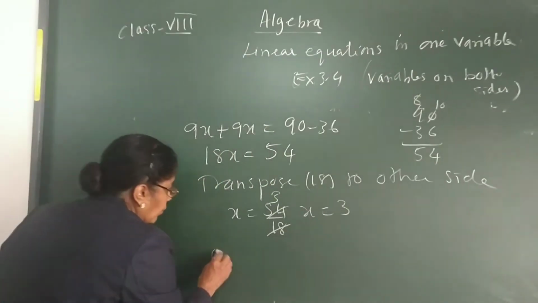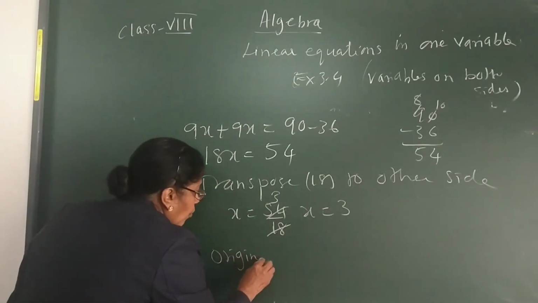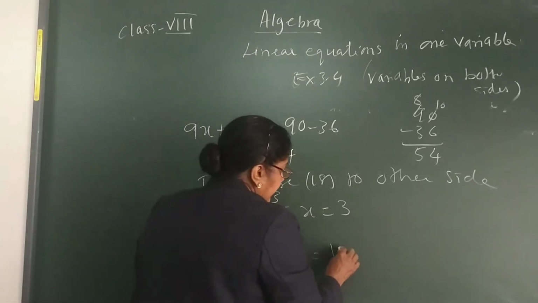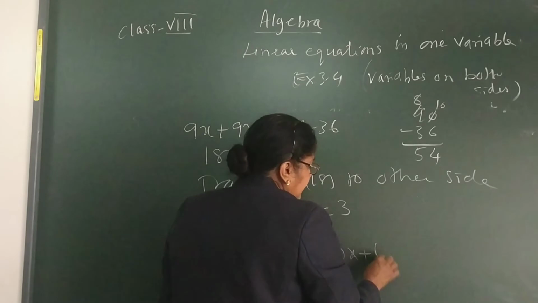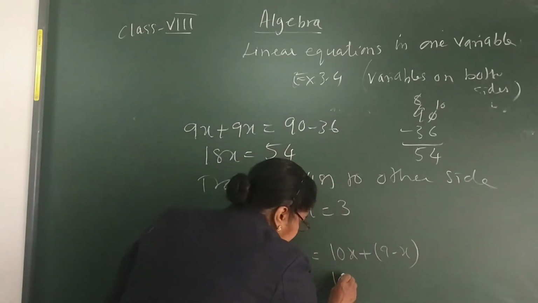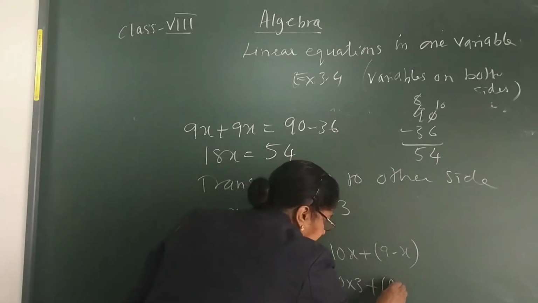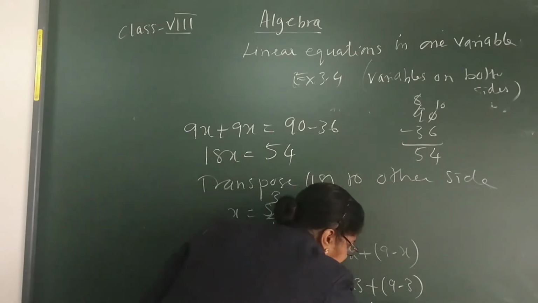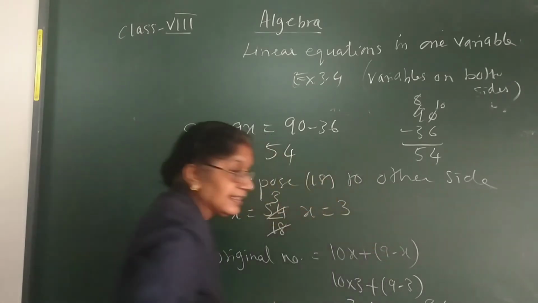So what is your original number? The original number is given as 10x plus 9 minus x. x is how much? 3. So 10 into 3 plus 9 minus 3. 10 into 3 is 30 plus 9 minus 3 is how much? 6. So the number is 36.